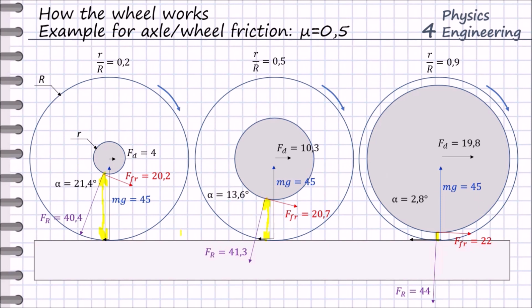It is about the lever arm of this friction force between the wheel and the rod. The higher the lever arm, the smaller the friction force between the wheel and rod, and as a result the force required to move the object. So now we have an impression and somehow a feeling of how the wheel works.